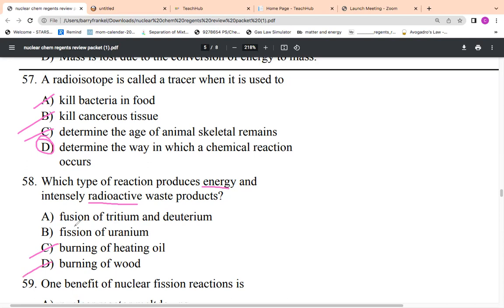Okay, and when we remember which one produces radioactive waste, that one is fission. Again, this is why we really want to be able to have fusion reactors instead of fission reactors, because fusion reactions don't produce any radioactive waste. Fission does.